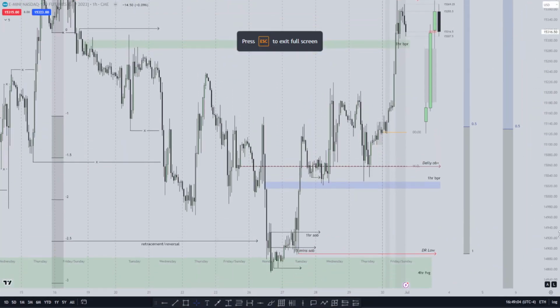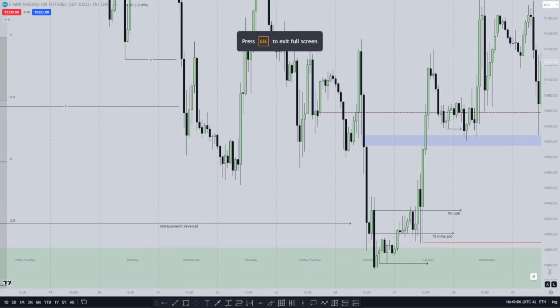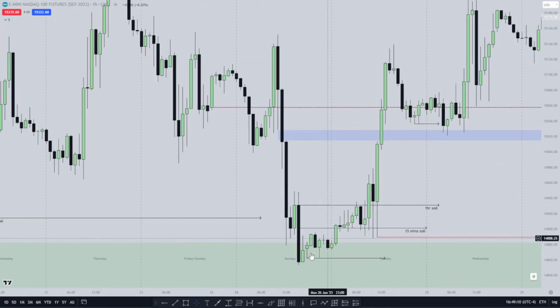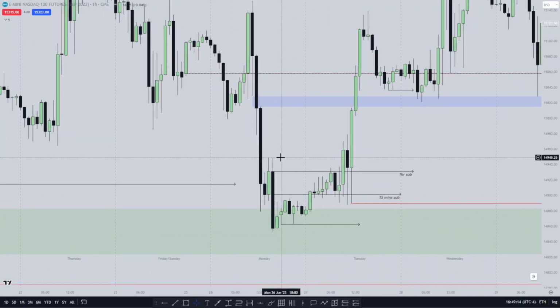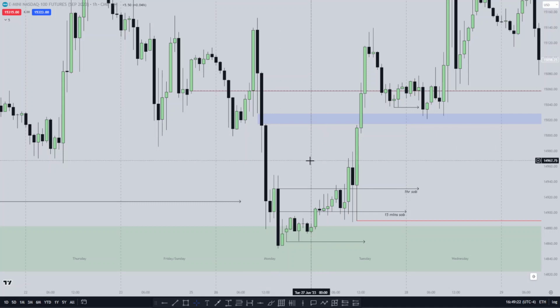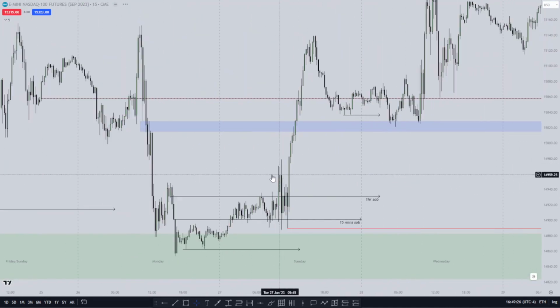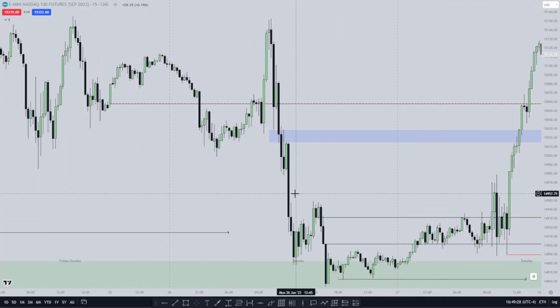For standard deviations, if you're making the high of the day or the low of the day, for example, you're thinking this would be the particular low of the day, right? If you think that would be the low of the day, then that's where standard deviations come in. I like putting standard deviations on the 15 minutes or the 30 minutes.